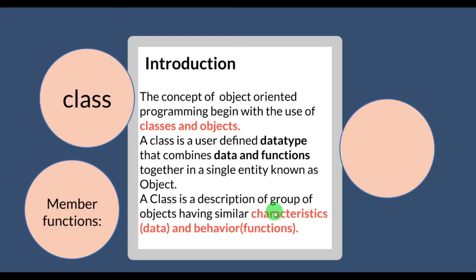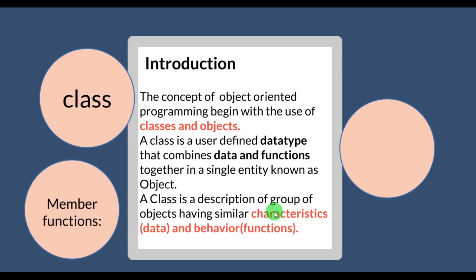That is the first thing you need to know. Next, a class consists of both data members and member functions. The next point is that when you combine them together in a single entity, it forms a class. So these 3 points you need to remember.